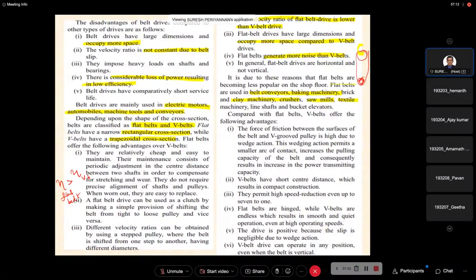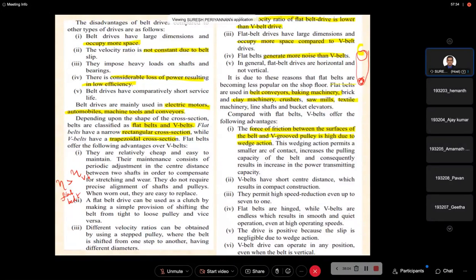Now, there are some differences between the flat belt and V belt. As I told you, the force of friction between the surface of the V belt and the V-grooved pulleys is higher due to wedge action.